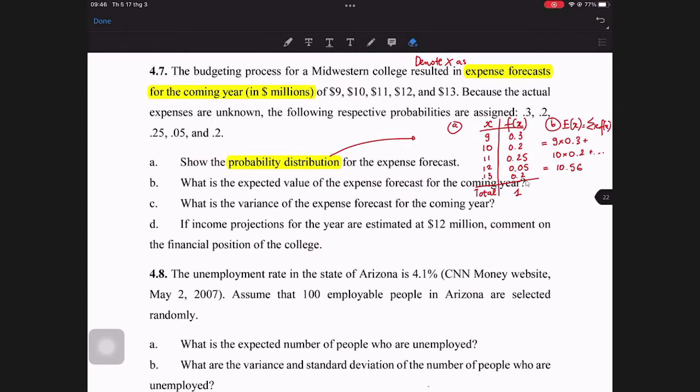It's not 10.56, it should be 10.69. 65. All right. Okay, so this is question B.